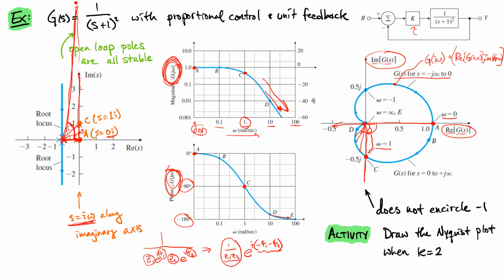And so this curve right here, the positive area, corresponds to the positive imaginary axis here. Notice that the Bode plot plots only the positive imaginary axis, so just positive frequency values. The Nyquist plot is always going to be symmetric because it's also plotting the negative values as well.